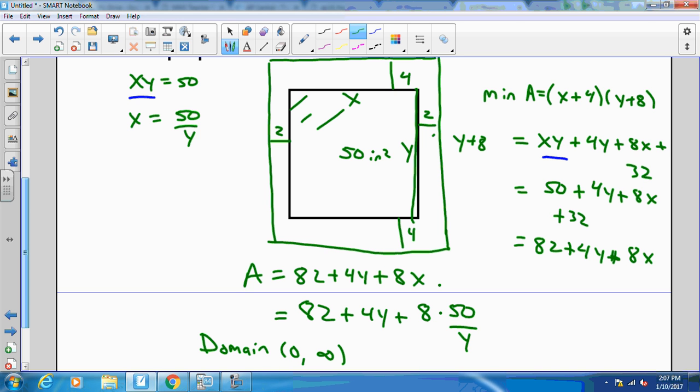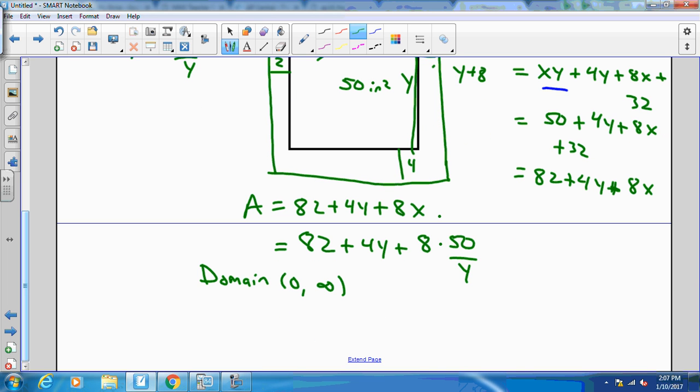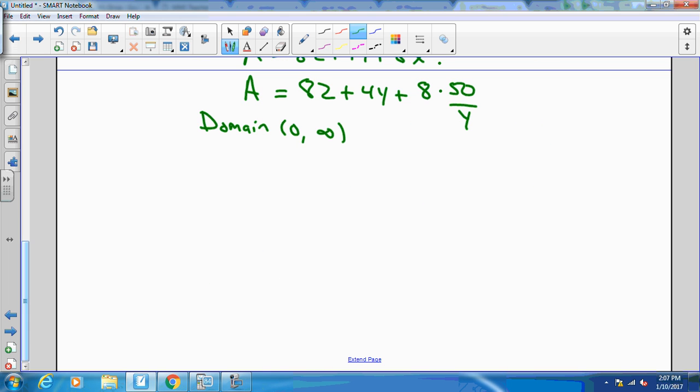Once again, an open, unbounded interval, we're going to have to use an argument from the sign of A prime. And so I've got my area function here. Let's get critical points. A prime is equal to 0 plus 4 minus 8 times 50, which is 400 over y squared. Set that equal to 0.